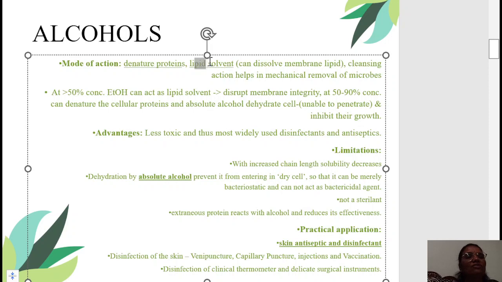At the same time, as lipid solvents, they can affect cell membrane integrity, as we have seen in the second video of this group of videos I have made for this topic of microbial control. So it will help to damage the cell by affecting the proteins as well as the lipidaceous membrane. It is able to show a cleansing property because of its low surface tension action.